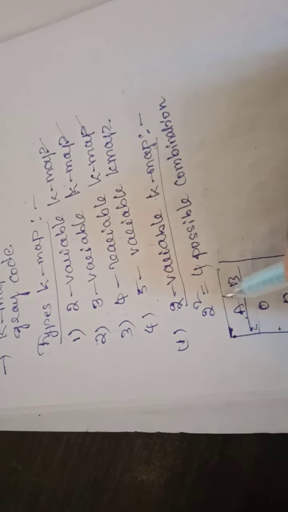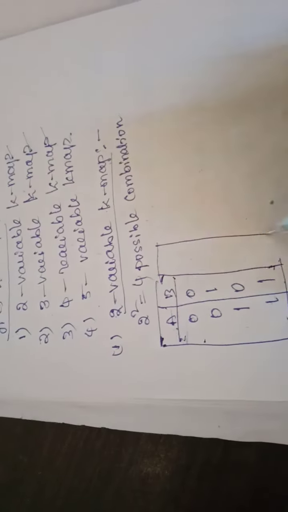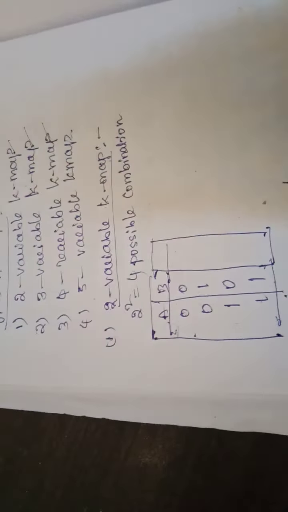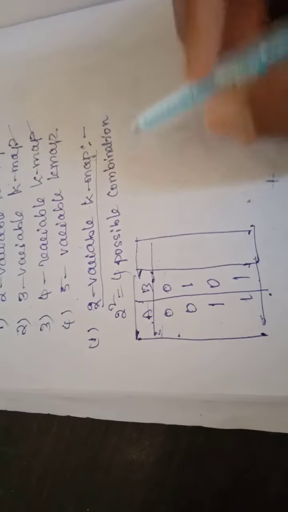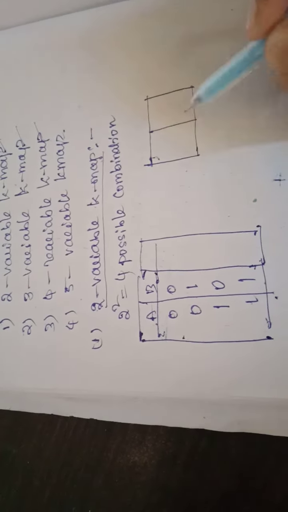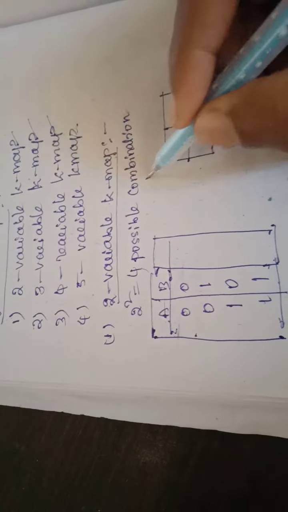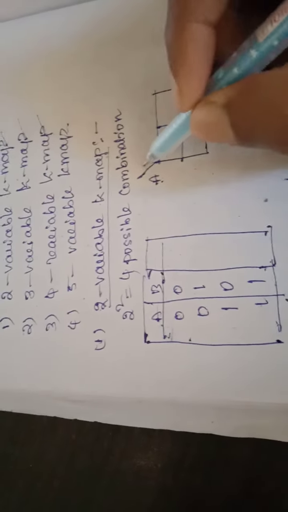Now see the difference between the canonical form and the normal SOP. In the normal SOP form, only some variables appear in the product term. Suppose one product consists of AB, one product consists of A, B, C, all three variables, another product also consists of three variables, but one of the products does not have the third variable, that is C. In the case of canonical SOP, that is standard SOP, it consists of all the three variables.